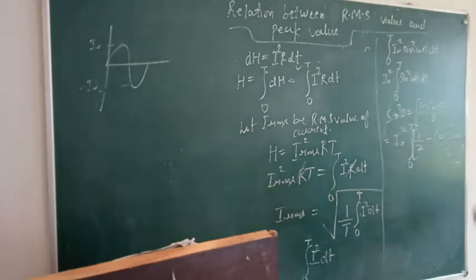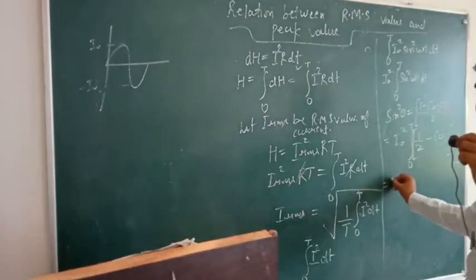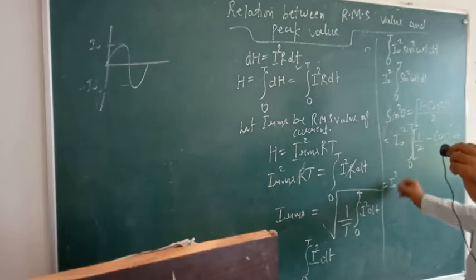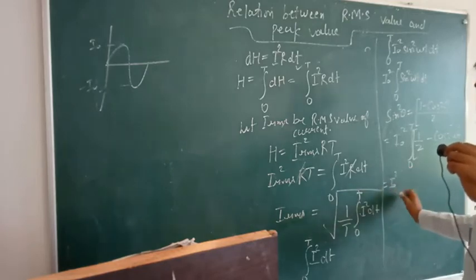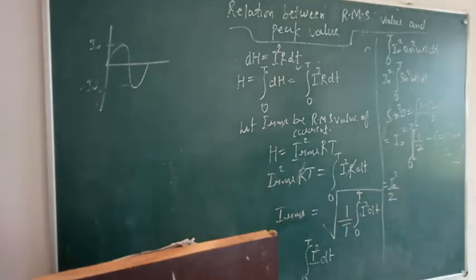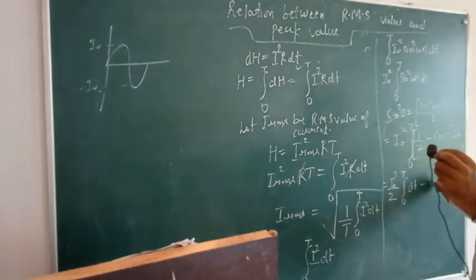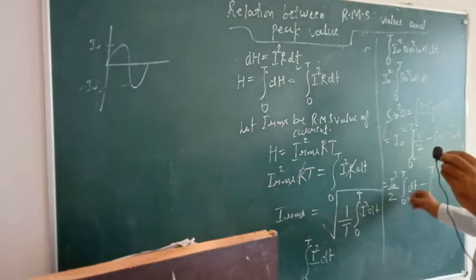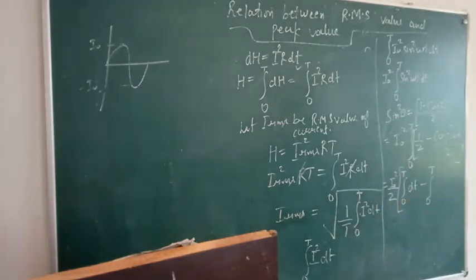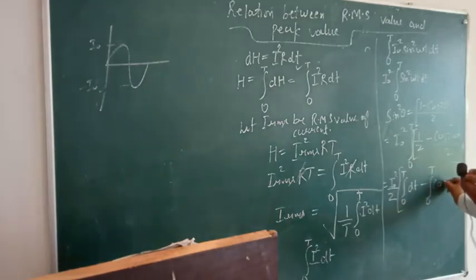Now what should we do? We should write it separately for integration. So this will be I naught square, and 1 upon 2 we can take out, because upon 2 I have taken out common. Integration 0 to T dt minus integration 0 to T cos 2 omega t dt.